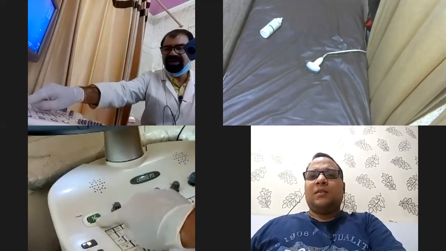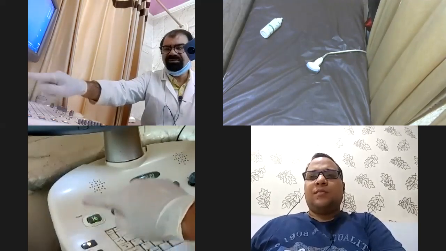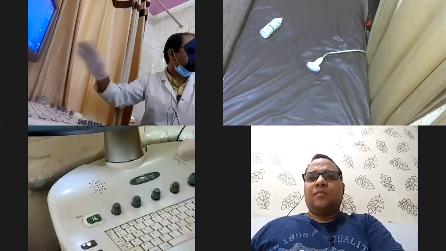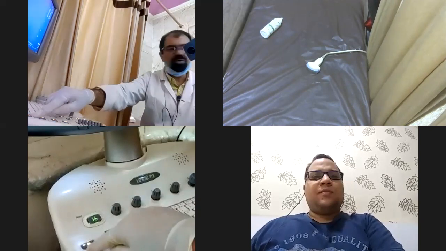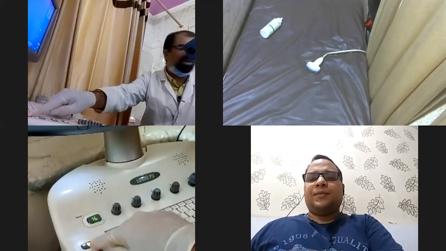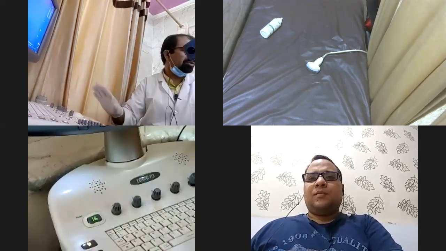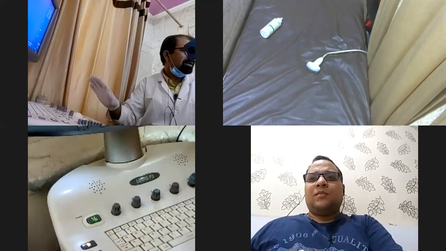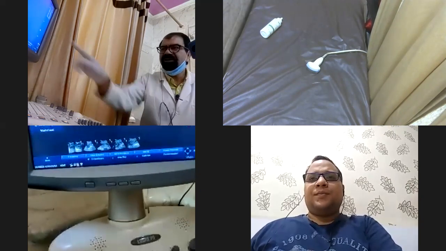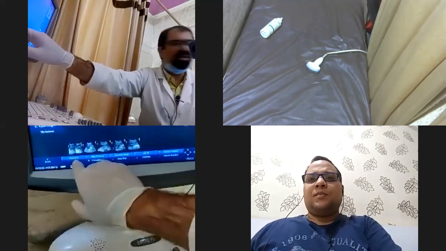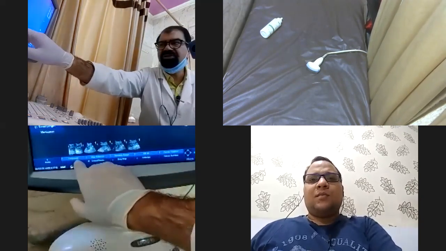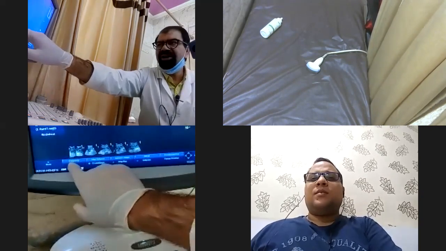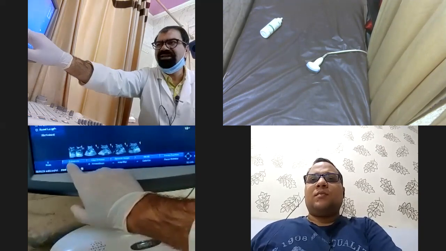When I am starting, I press this and the machine boots. Then there is a new patient, I have to press the new patient button. This is already discussed with you in great detail in your class video, right? Now, the first thing that will appear is the frequency over here. This may not be very visible on the screen, but I can read it out and you can see in your machine that there is a frequency.